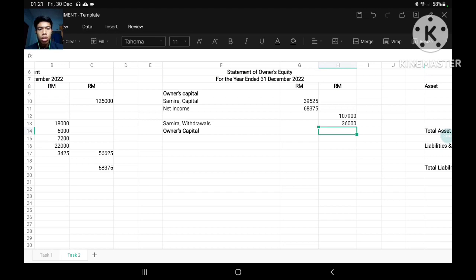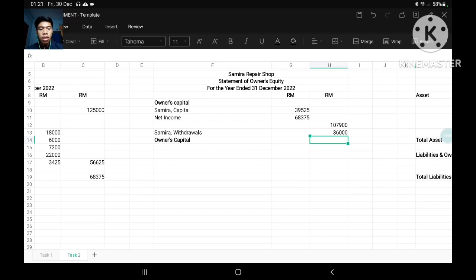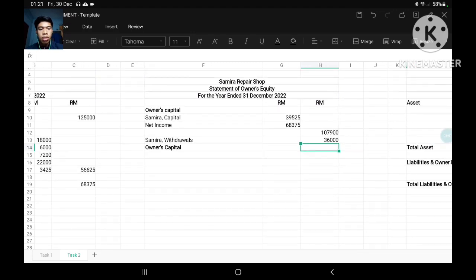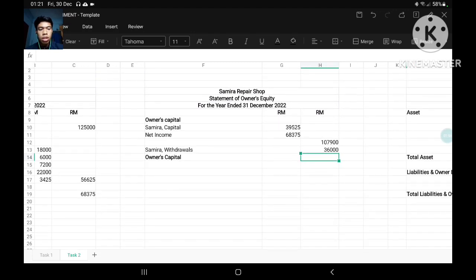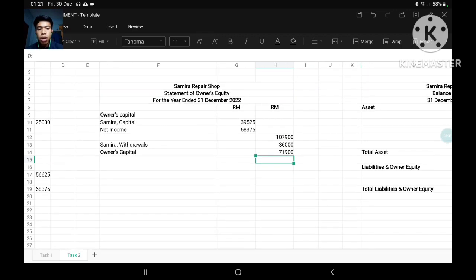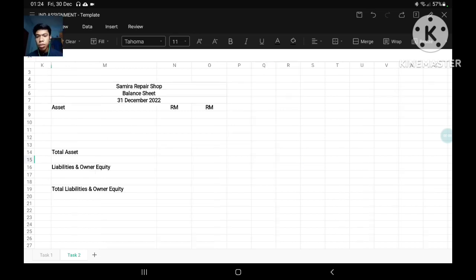How to get the owner's capital: we just minus of this total, equal 36,000. Get the owner's capital amount, 71,000. Okay, and the last of this table is balance sheet.